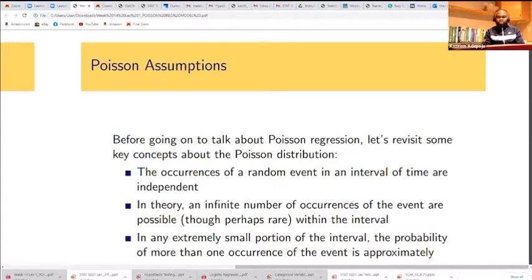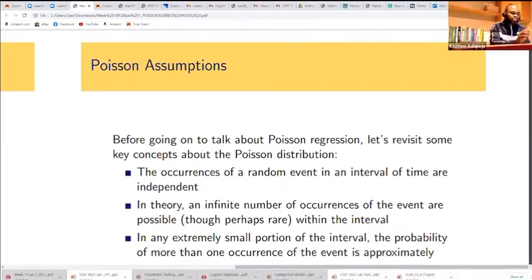But you know what? Let's all of us look at the Poisson assumption, because every statistical model has assumptions. We need to put this assumption into consideration. Otherwise, Poisson regression will no longer be appropriate. That was why I said, before going to talk about Poisson regression, we're going to visit some concepts about Poisson distribution.